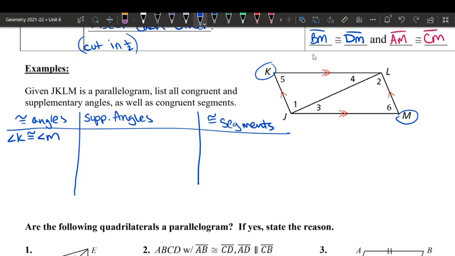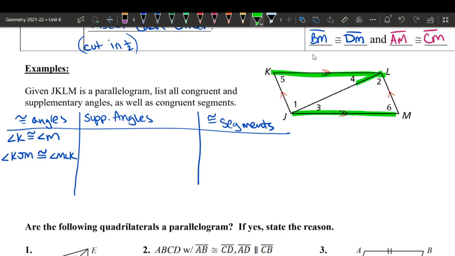But I know that angle KJM is congruent to angle MLK, the one across from it. But that's not all that I know about congruent angles, because again, with parallel lines and transversals from that previous unit, if these are parallel lines and they are connected by this transversal here, it gives you that Z shape, and I have the little phrase, Z angles are Z same.